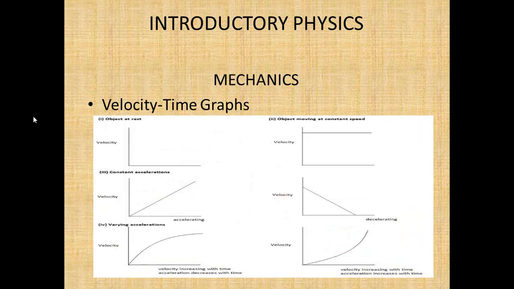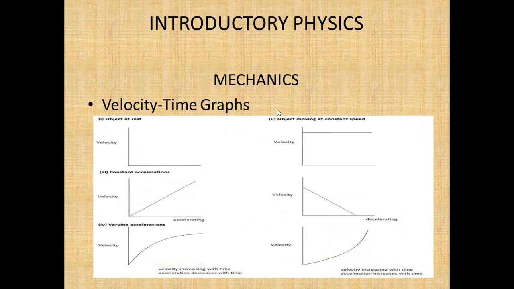All right. So let's look at these scenarios. The first one is an object at rest, on a velocity time graph. If the object is at rest, then it's going to have zero velocity. So that's this zero line, telling you that there is no velocity, the object is at rest.